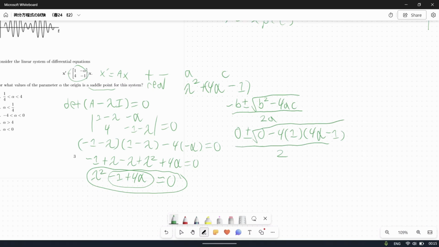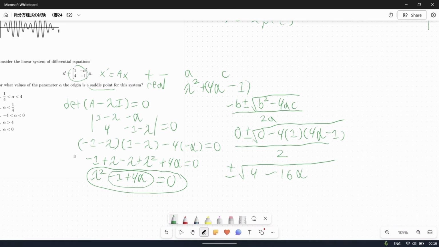And for this, since we need a positive and a negative real eigenvalue, I'm just going to focus on this radical over here, because that's the only thing that matters for this. And so when we clean up everything, we end up with plus or minus the square root of 4 minus 16 alpha. And the reason I'm keeping this plus or minus here is just to clear things up for me, so I know, yeah, since we need a positive and negative real eigenvalue, and since b is 0, that's guaranteed to happen, assuming that this square root becomes real.